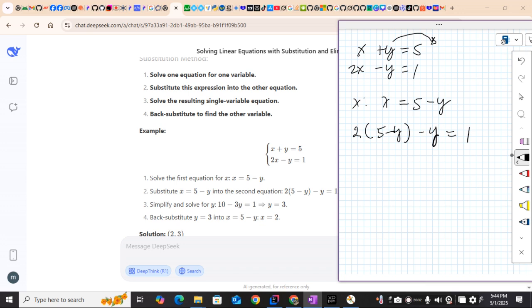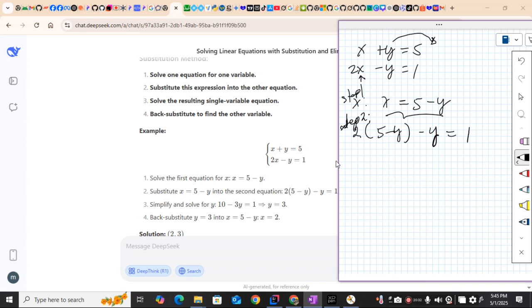Whatever we solved in step 1, this value, we need to put it in the other equation, specifically for x. This is step 2.